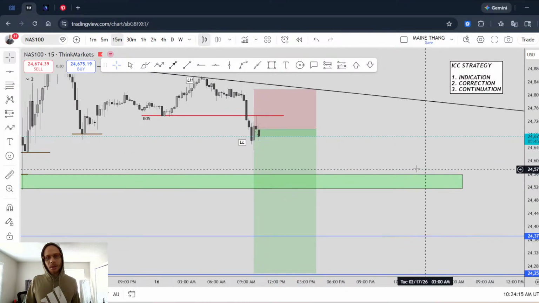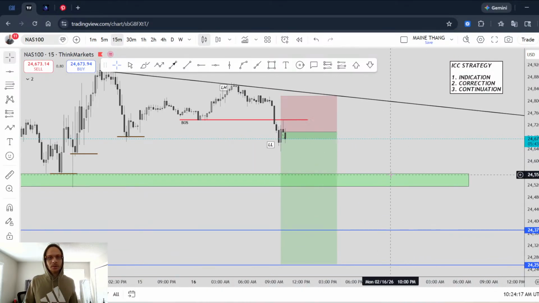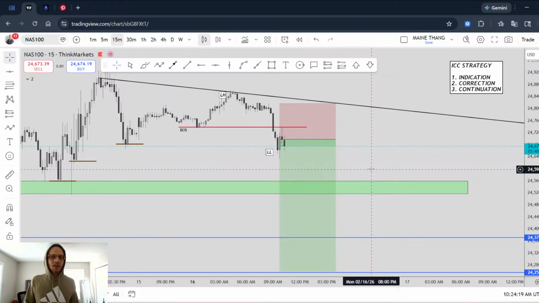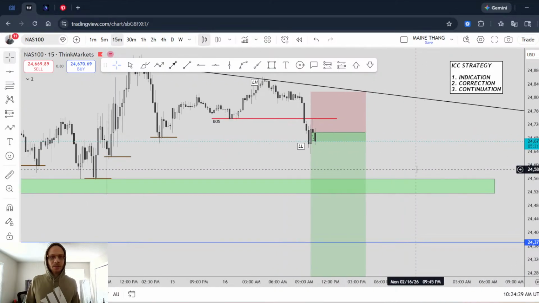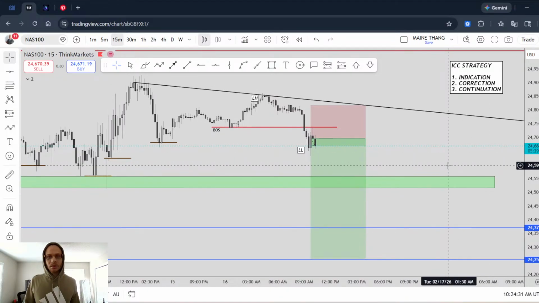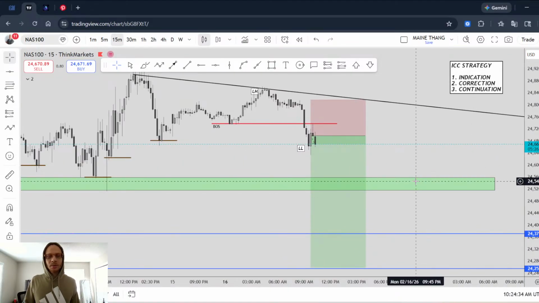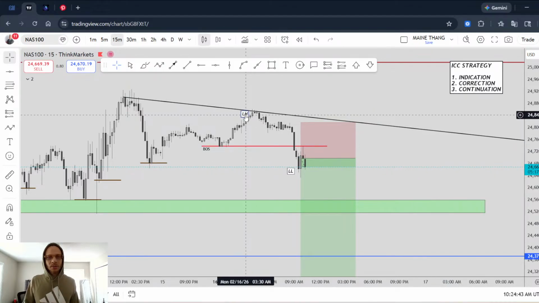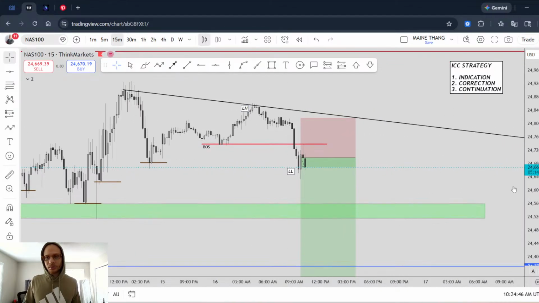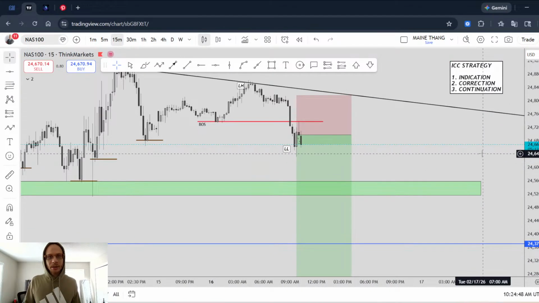I wish there was some news, to be honest with you, so we can get a little more quickness out of this, but take what we can get. If it breaks this low, then this is a lower high as well. We'll get there when we get there.